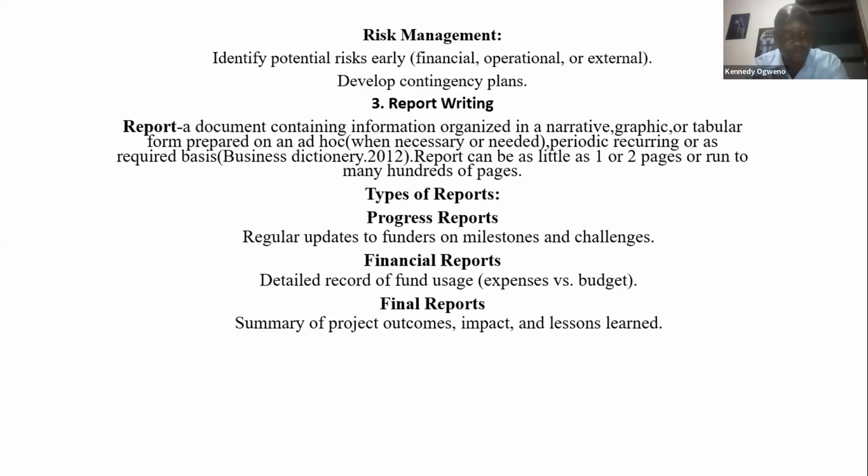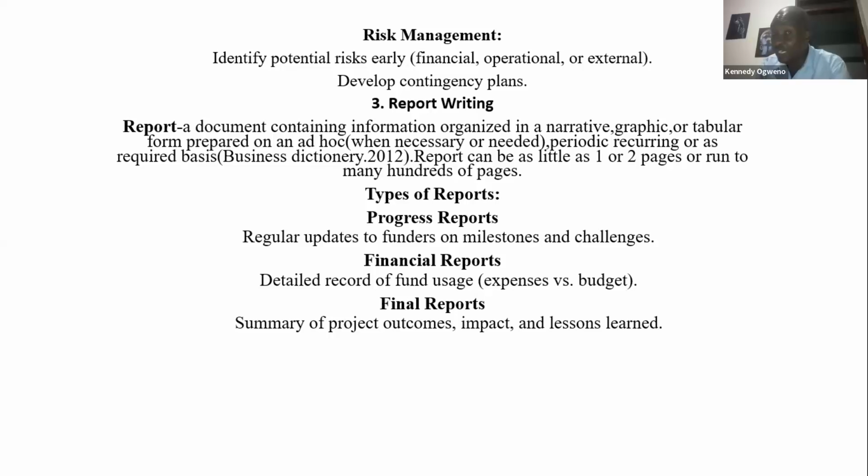So that you can be writing your progress reports. Financial report, a detailed record of funding use. Even that finance is under the progress report. It's only that progress report is an ambiguous term, but even finance is under it.